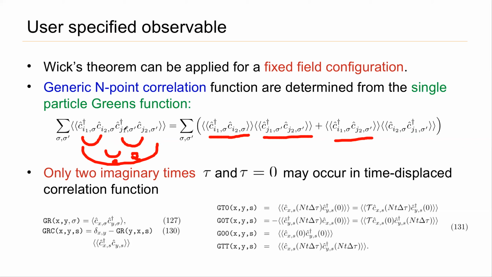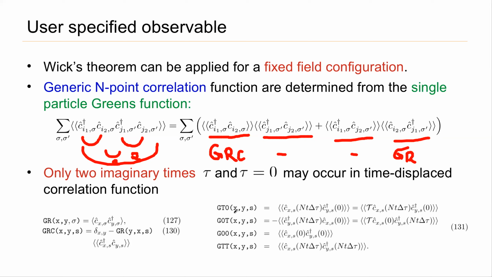Notice that the position of C dagger and C is different. This is this term. All the C dagger C's are stored in GRC, the same is true for this one and this one. Only the last one, because of this exchange, can be extracted from GR.